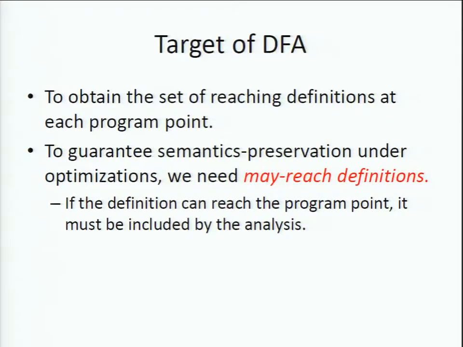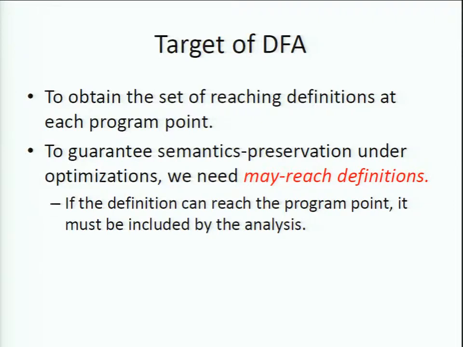So what do we need from reaching definitions analysis? We need the set of reaching definitions at each program point, and once we have this, we can then use them for constant propagation or other optimizations.